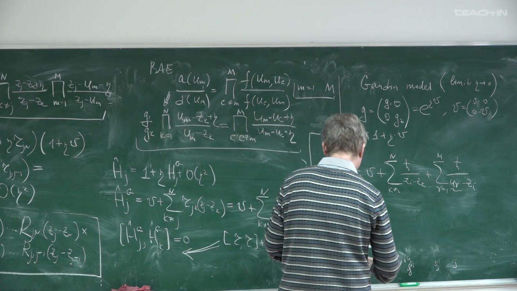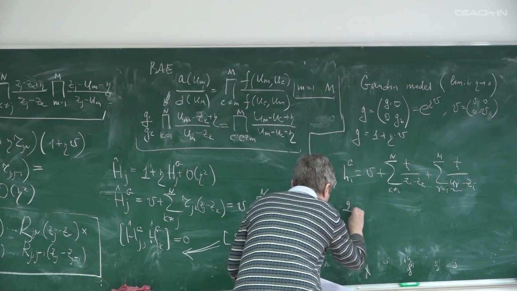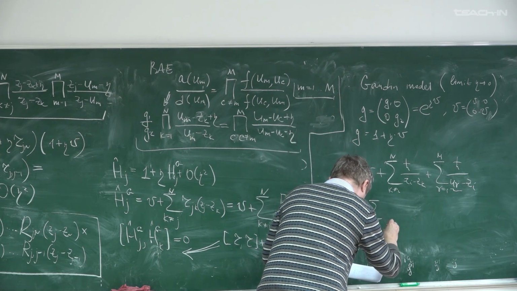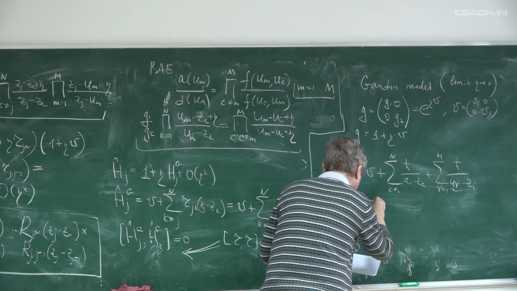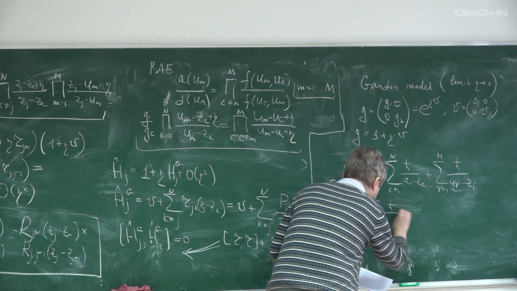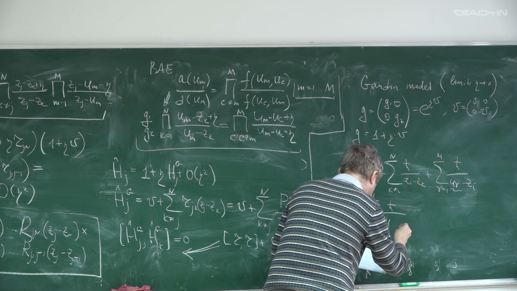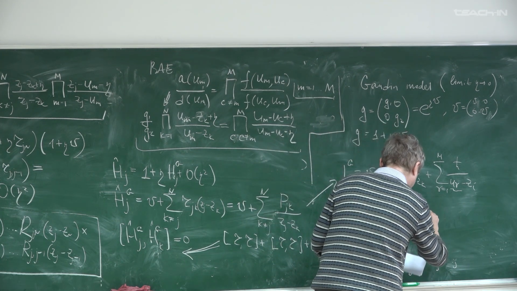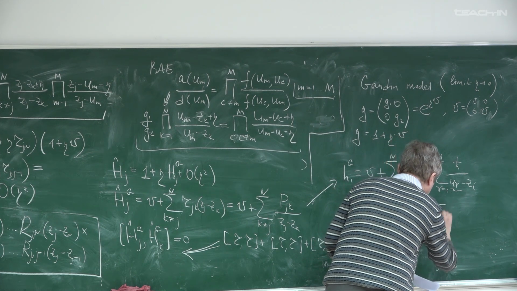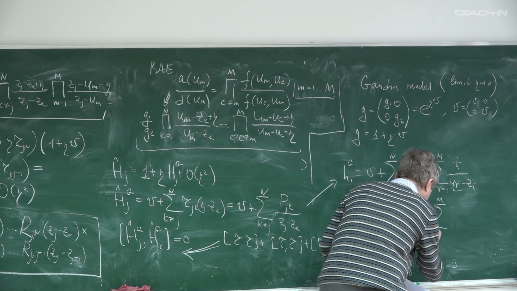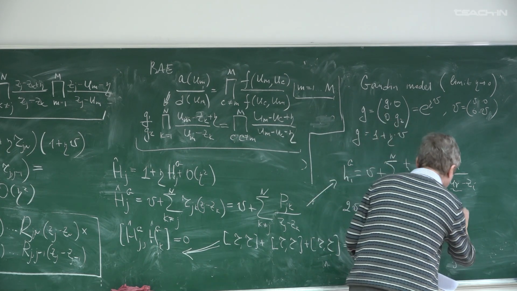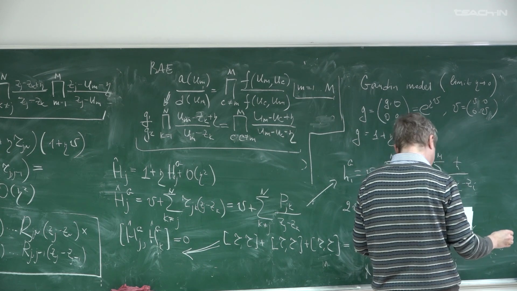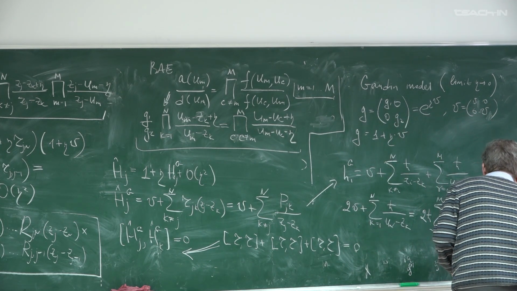And the Bethe equations are also no problem to write down. 2v plus a sum from 1 to n of h over u alpha minus zk, and it is equal to h, the sum of u alpha minus u gamma, and here again alpha goes from 1 to M large.